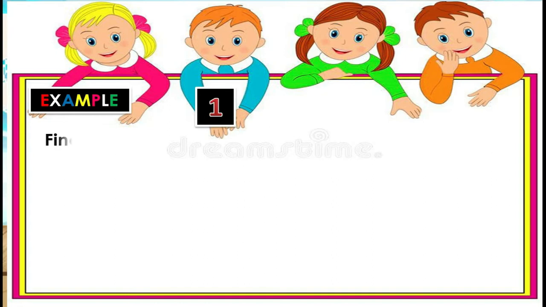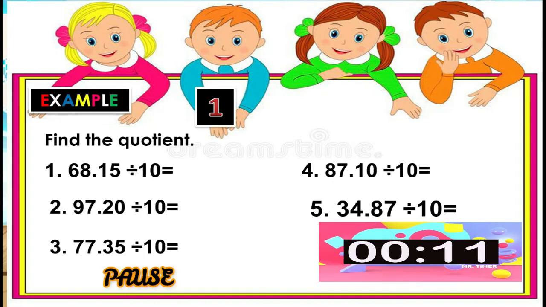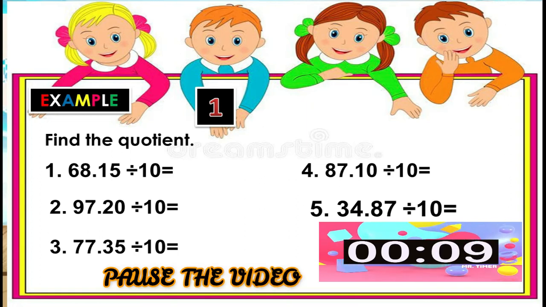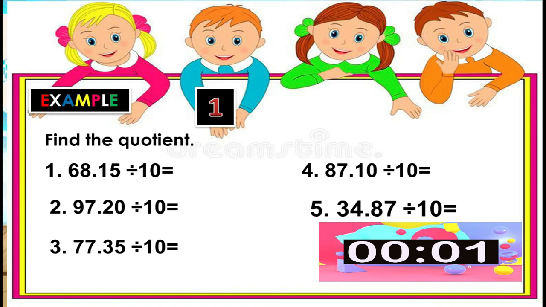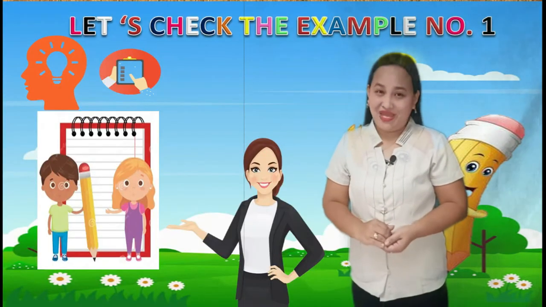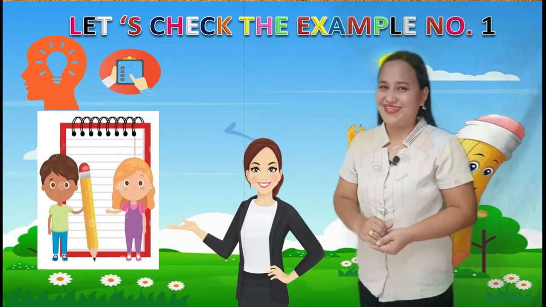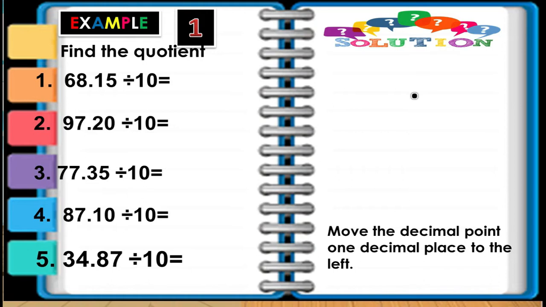Example number 1. Find the quotient. You can pause the video to answer example number 1 for 1 minute. Now, let us check example number 1. How many zeros are there in 10? Very good.